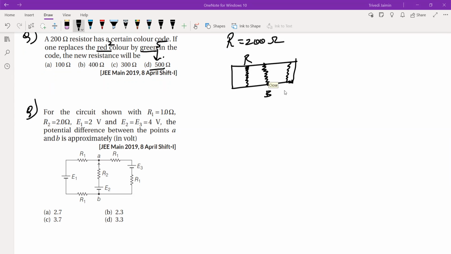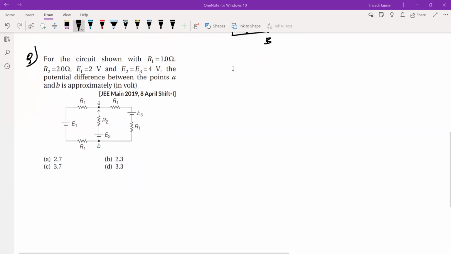I want to make them revise quickly. Try for this one.